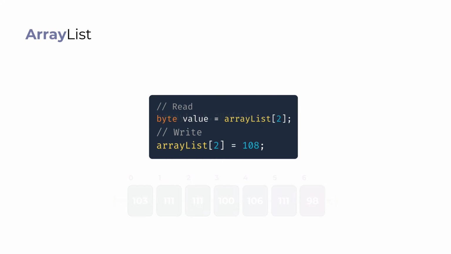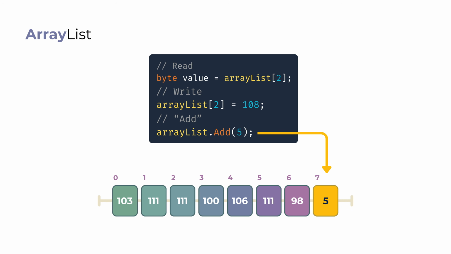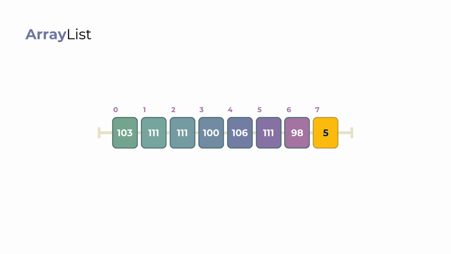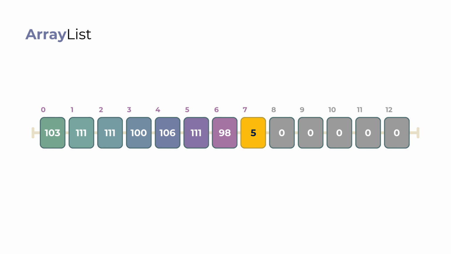The first is the ability to add a new element to the end of the list, increasing the element count of the list by 1, which is different to arrays, which have a fixed length. But if arrays have a fixed length, how can a list increase its number of elements if it's built over the top of an array? Well, in order to be able to add a new element to the end of our list, the array underneath our list actually has to be larger than the list itself.